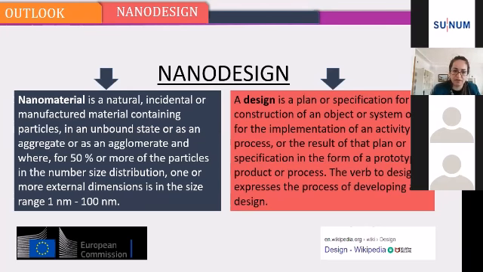It is a natural, incidental, or manufactured material containing particles, where those particles could be in unbound state, or an aggregate, or even an agglomerate, where our limits are concluded as the 50% of those particles or materials that you have in a number should be in nanosize. So what we mean with the nanosize, the European Commission made a tight limit for that: the external dimension of those nanomaterials should be between 1 to 100 nanometer.